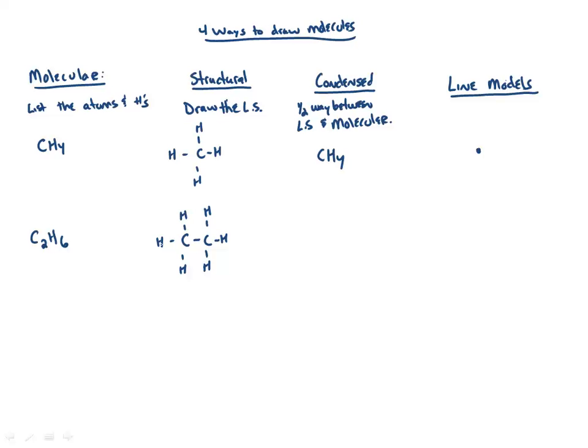That satisfies everyone's octet rule, and everyone's pretty happy with that. And then the way we represent these condensed structures is it's kind of halfway between the molecular formula and the structural one, in that we'll simply say I've got a CH3 group and a CH3 group.